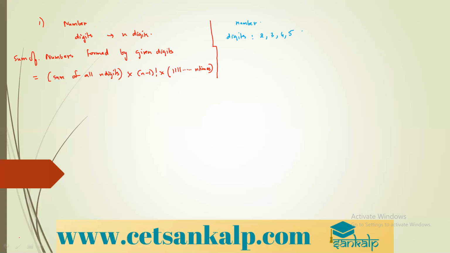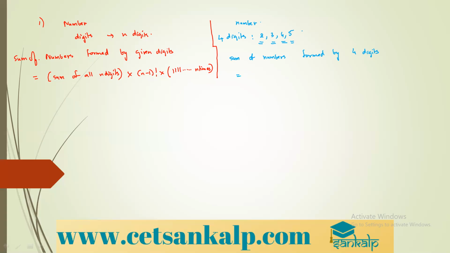Now I will explain with an example. Suppose I am giving you total 4 digits. What are the 4 digits? 2, 3, 4, 5. Total 4 digits I gave. With these 4 digits, you can form many numbers. There are many. But after making the numbers, you have to find their sum.